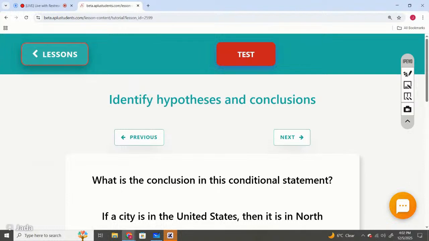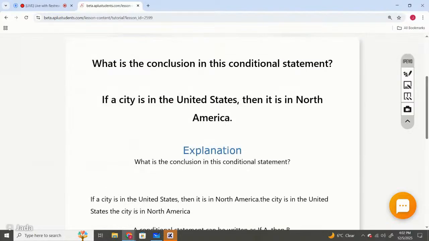What is the hypothesis and conclusion? What is the conclusion in this conditional statement? If the city is in the United States, then it is in North America.